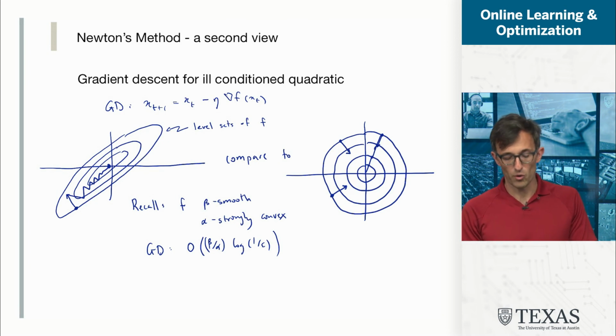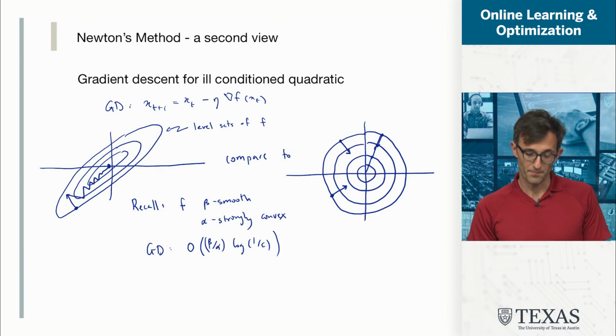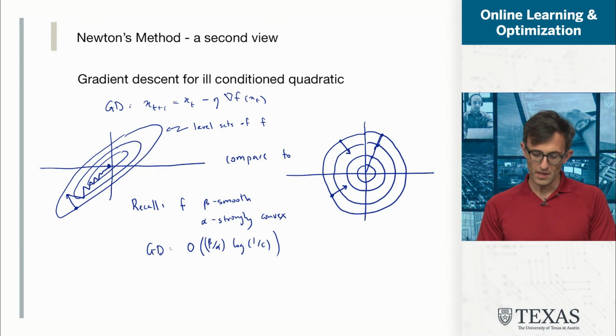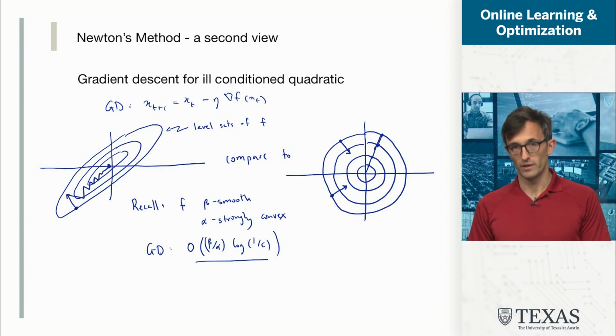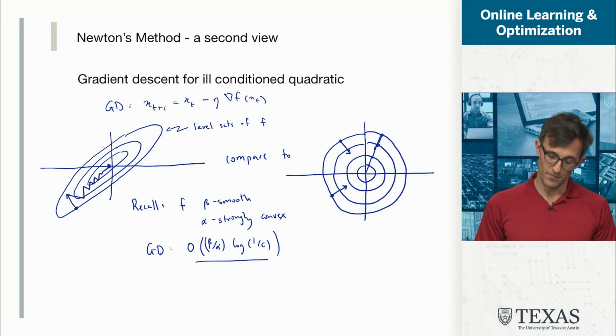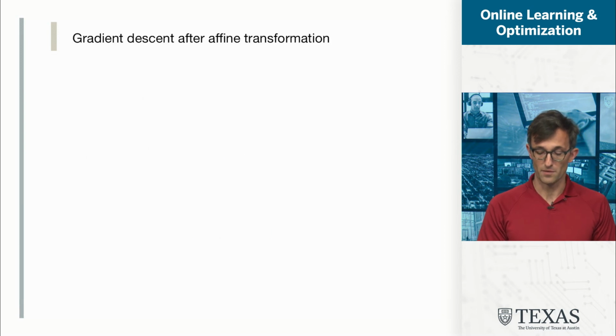On the other hand, the more ill-conditioned it is, beta over alpha could grow quite a bit. So even in our results, these capture what these pictures are showing us, that conditioning can significantly affect the convergence rate of the gradient descent algorithm.